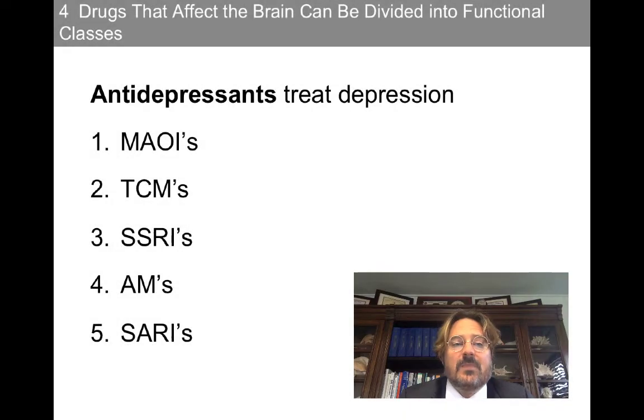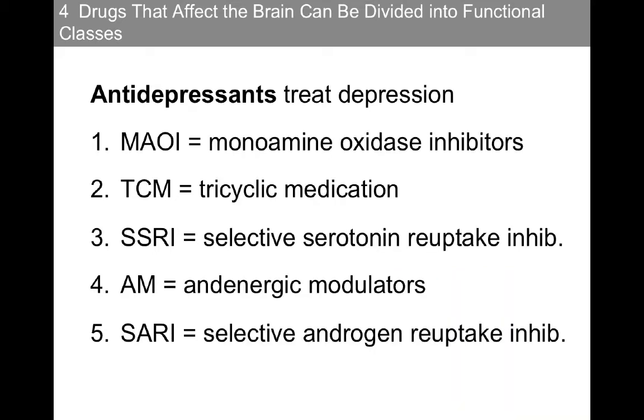Parkinsonian symptoms. Now, antidepressants are our second major class of medication that we're going to talk about. We have MAOIs, TCAs, SSRIs, AMs, and SARIs. MAOIs are monoamine oxidase inhibitors. What they do is they inhibit the effect of this enzyme called monoamine oxidase that metabolizes monoamines, monoamines being serotonin, dopamine, norepinephrine.